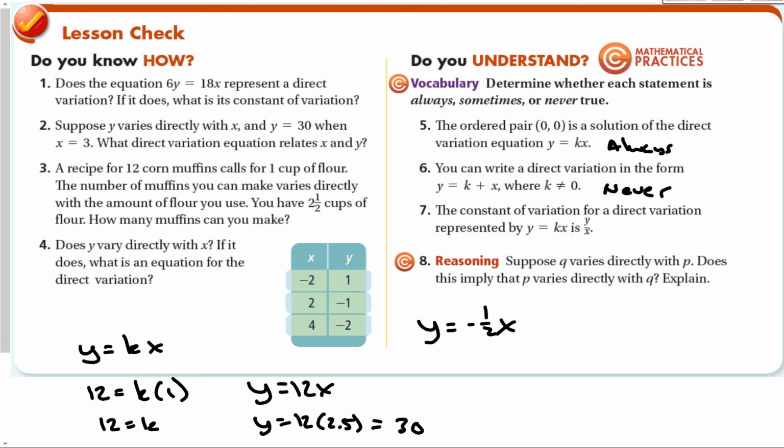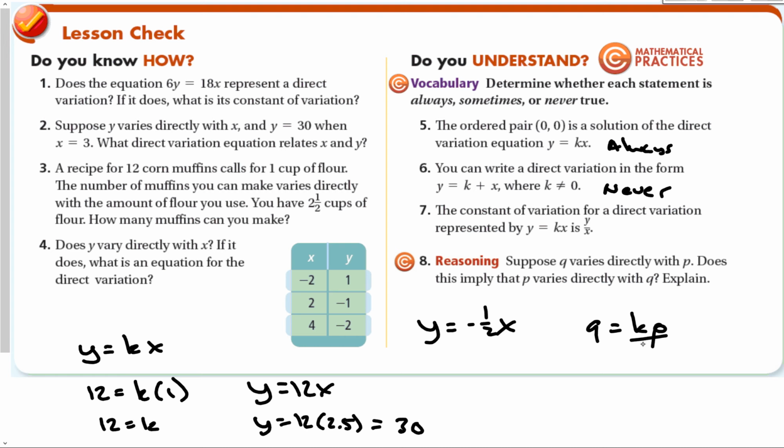Sometimes. Q varies directly with P. Does this imply P varies directly with Q? Yes. If you have a direct variation equation where Q is equal to some constant times P, that means as Q goes up, P goes up, and the constant of variation is k.